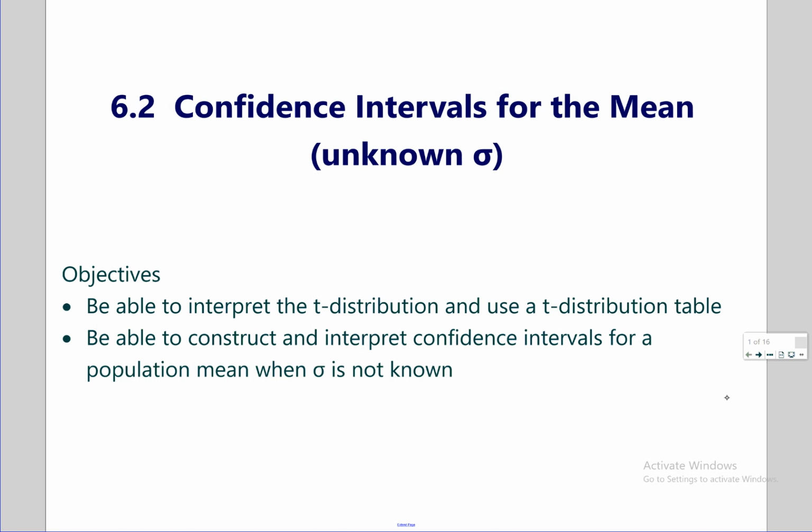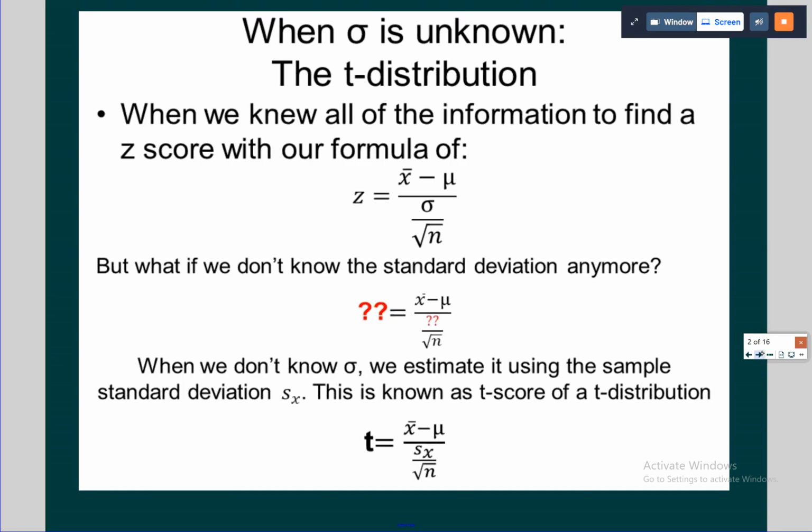Okay, so if that is the case, we're going to use what we call a t-distribution. The t-distribution formula to find a t-score instead of a z-score is essentially the same formula we've been using. If you look at the two formulas compared, the only difference is on the top we're subtracting our means, our sample mean minus our population mean.